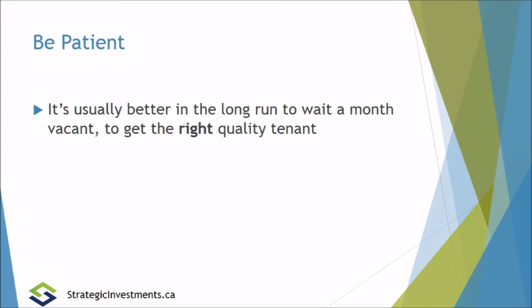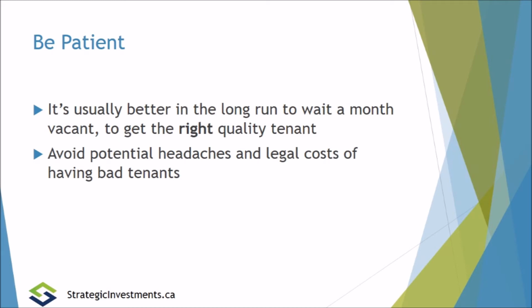Remember, despite what you think, it's usually better to wait even a month with a vacant unit to get the right tenant. While you may lose out on the month worth of rent, at least it will save yourself the headache and the potential costs such as taking them to court and filing for eviction, as well as repairs for any possible damage caused to the unit by them, either because of the lack of respect or out of anger that you are evicting them.